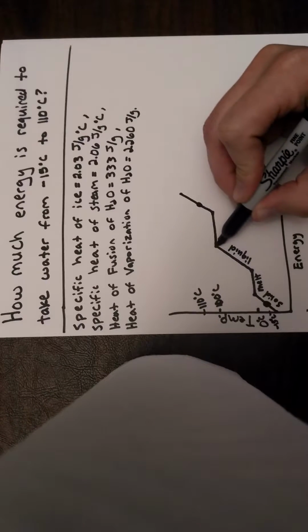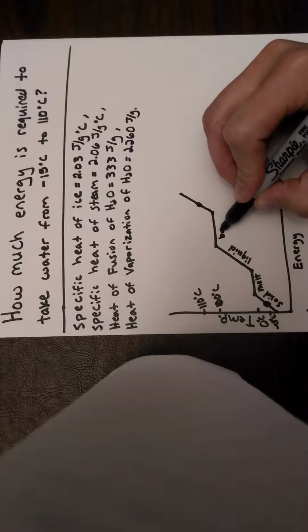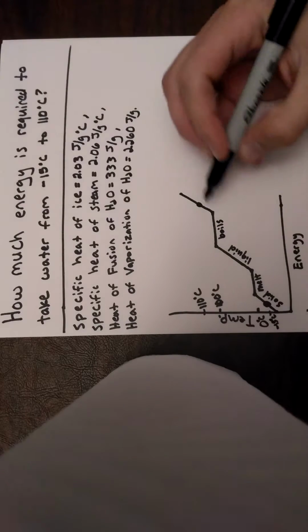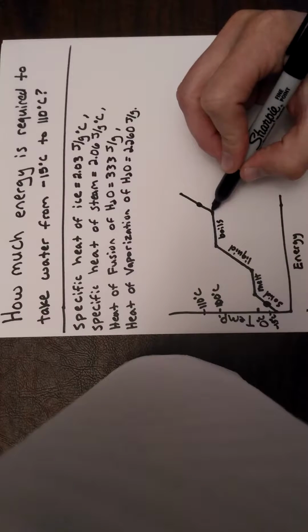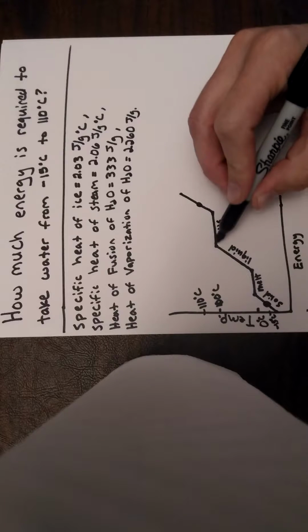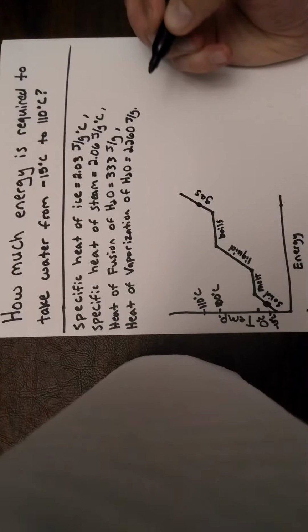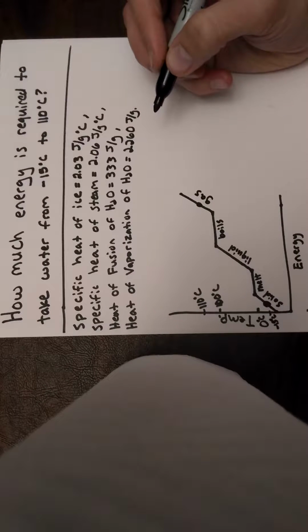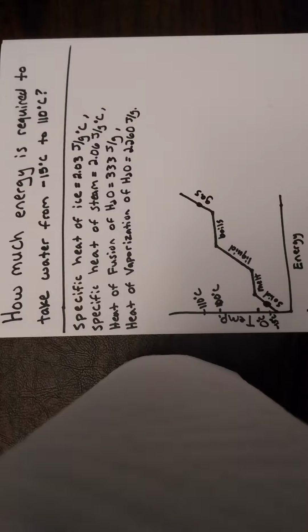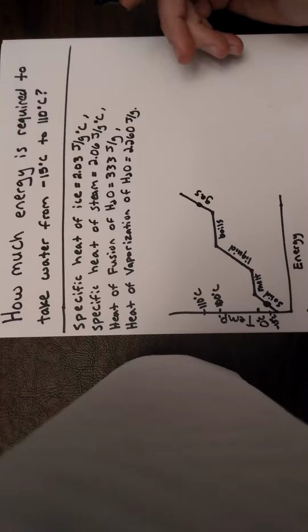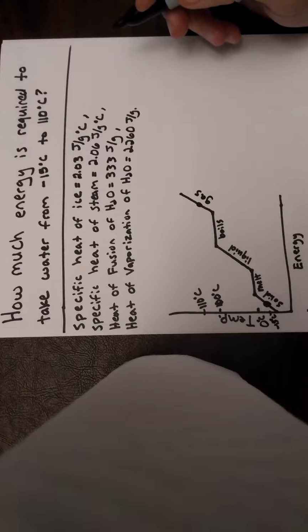Once the liquid gets up to the boiling point, it, well, boils. Once it's all boiled, it's all turned from a liquid into a gas. Those are the 5 parts of every single graph for a phase change question.